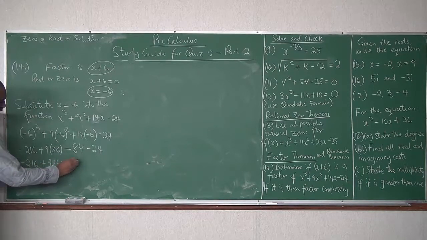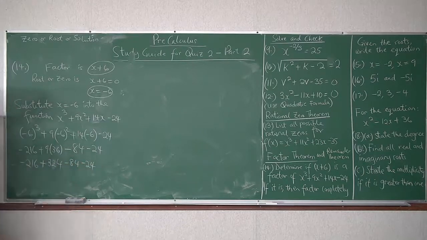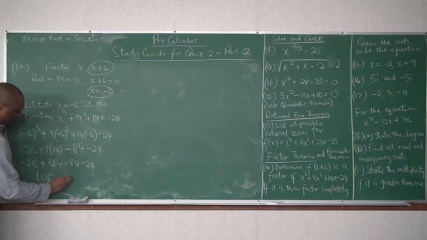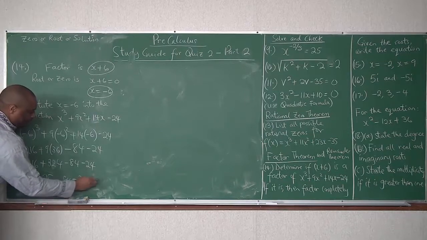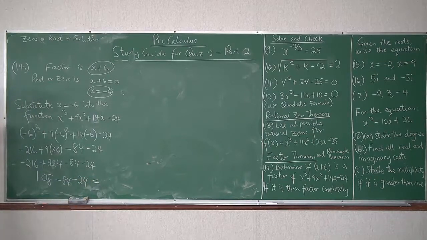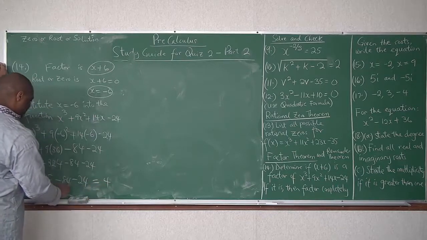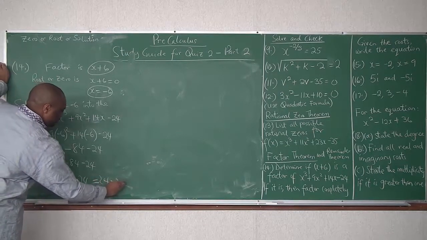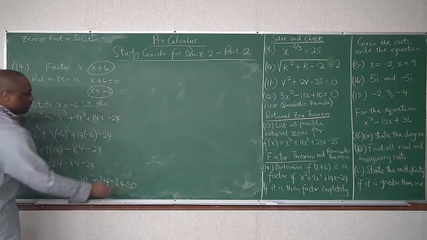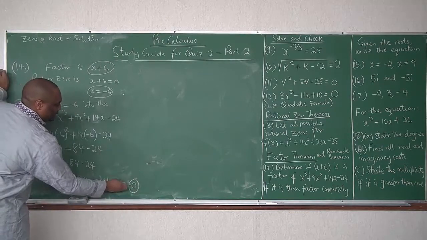Then minus 84 minus 24. -216 plus 324 is 108. 108 minus 84 minus 24. And that will give you what? 8 minus 4 is 4, 10 minus 8 is 2, 24 minus 24, that is 0.